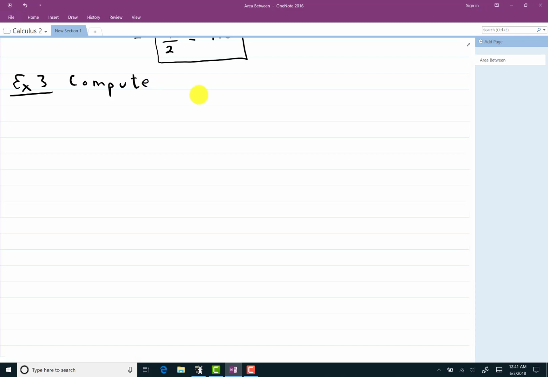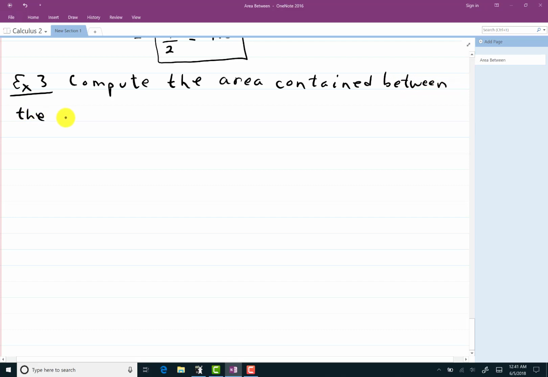So, compute the area contained between the graphs of x equals y plus 1 and x equals y squared over 2 minus 3.